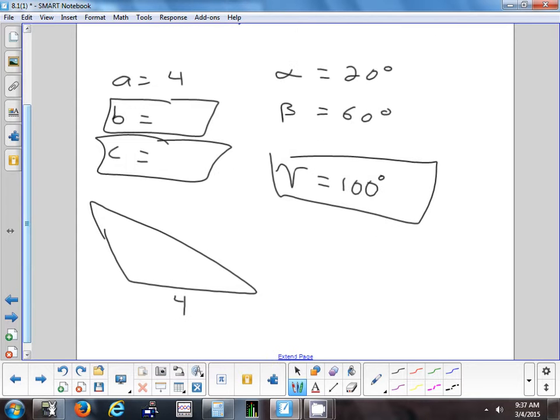So A is there, alpha is there, B is there, beta goes there, C, gamma. Okay, what kind of triangle is this? Got two angles and a side, but how would you describe it using the three letters?